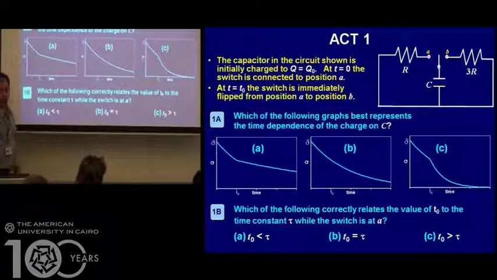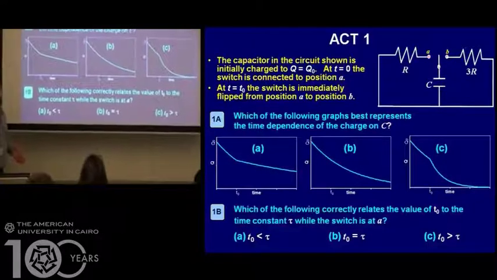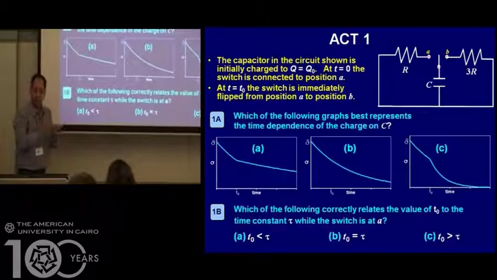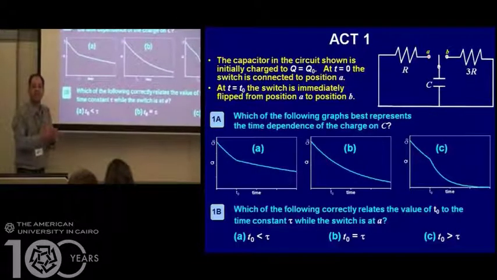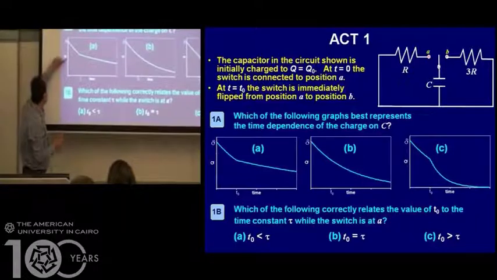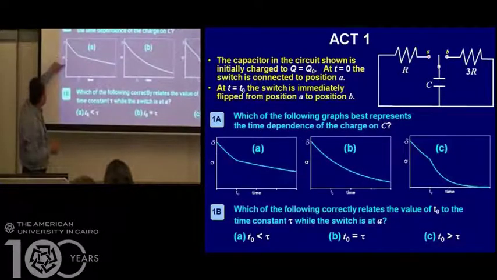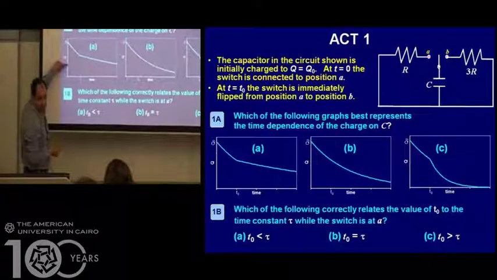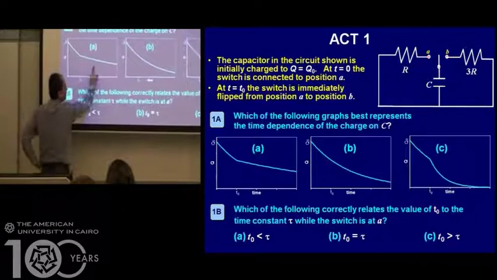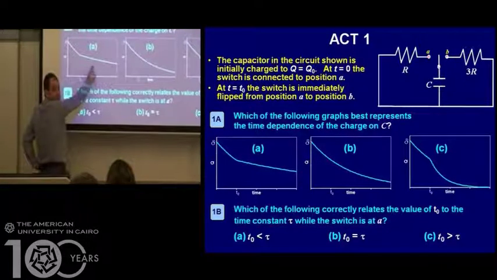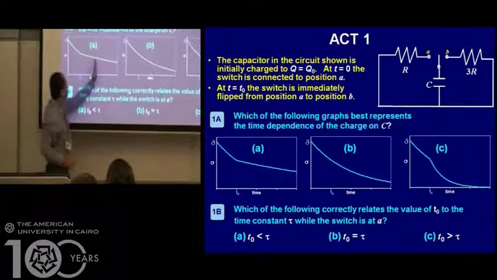The definition of tau, the time constant, is the time needed for the charge to decay to 37% of the maximum value. So this is 50%, and 37% is somewhere in here. If the curve continues like this, then tau will meet the curve at that point. Now this is tau.